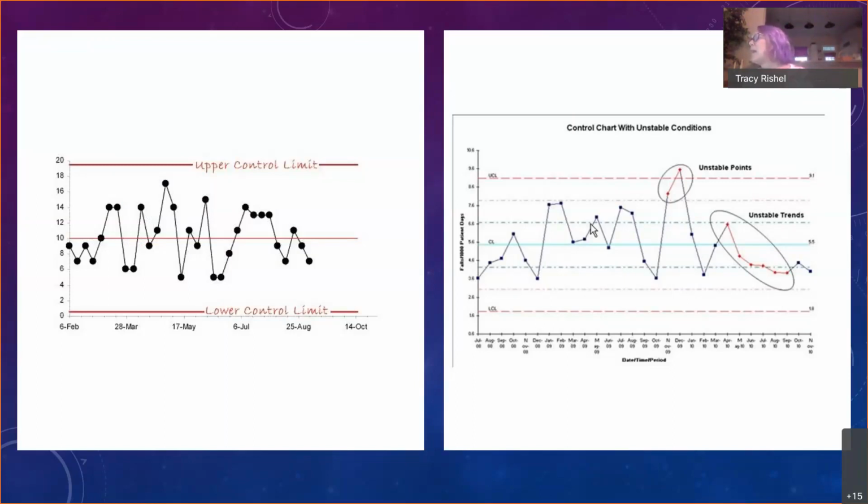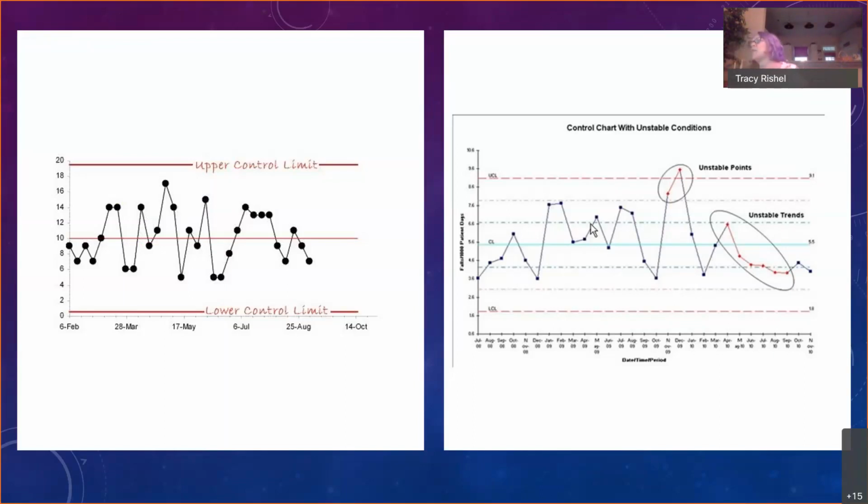The chart on the right creates a problem. It's an unstable situation. So if you look towards the middle, you'll see that we have a point out of control, the point that is above the control limit. That creates a quality problem or a defect, and we need to find an assignable cause for that defect.